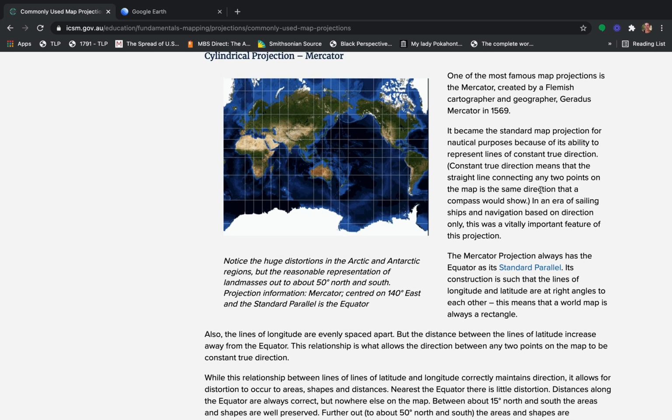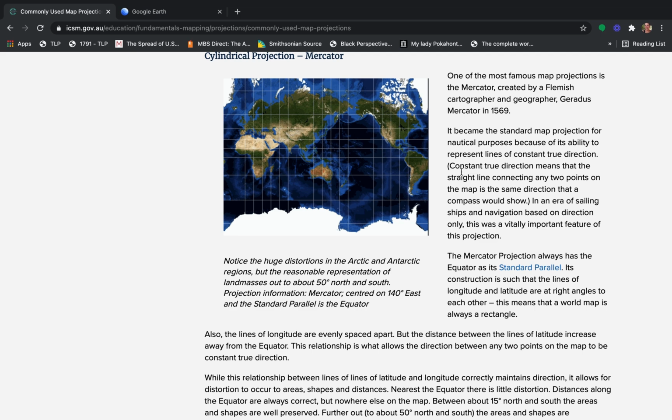Constant true direction means that the straight line connecting any 2 points on the map is the same direction that a compass would show. So we had coordinates that intersected each other at 90-degree angles, and they're straight lines. The distance was a little bit skewed, but they were straight lines with 90-degree angles.